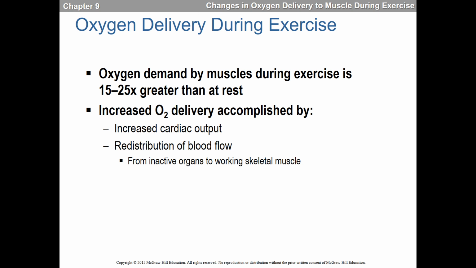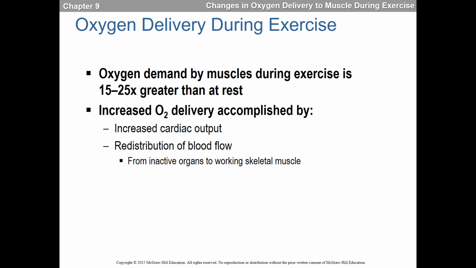So oxygen delivery during exercise. We have not really a normal distribution of blood flow during exercise, but we have quite a bit going towards our gastrointestinal tract. There's going to be a picture coming up, but whenever we shift to exercise, we increase our cardiac output by a lot.